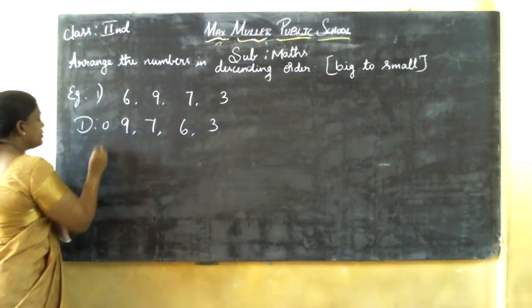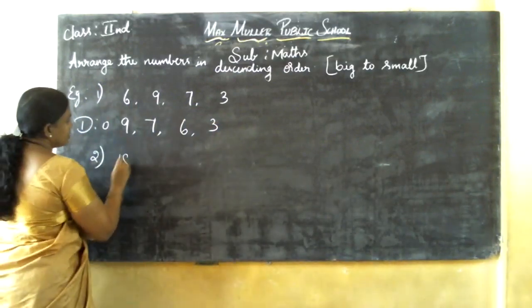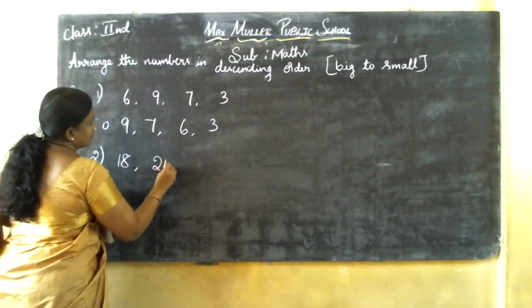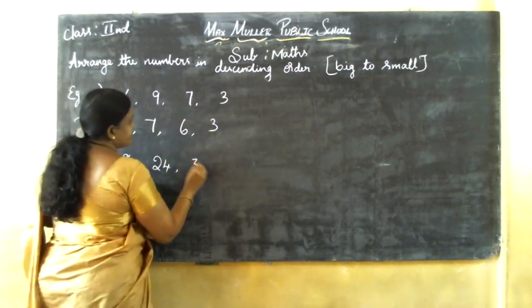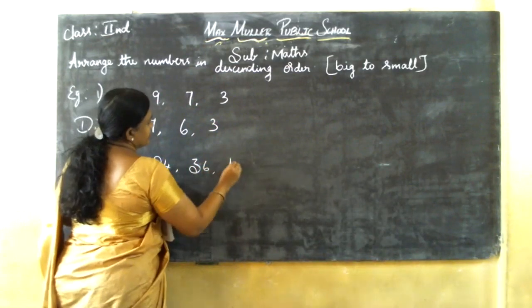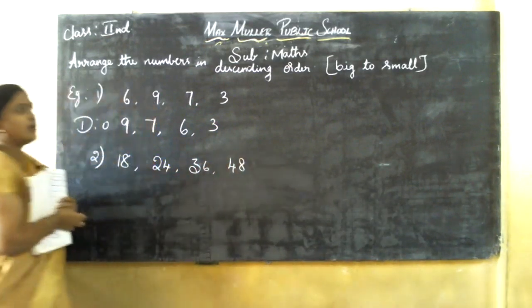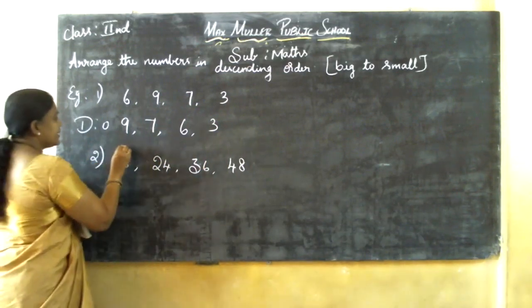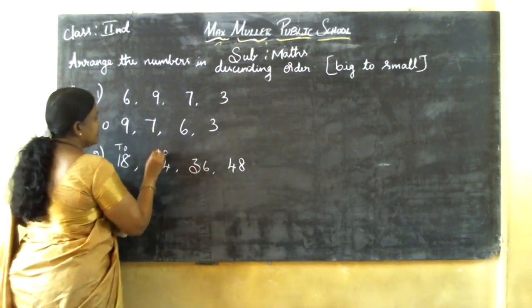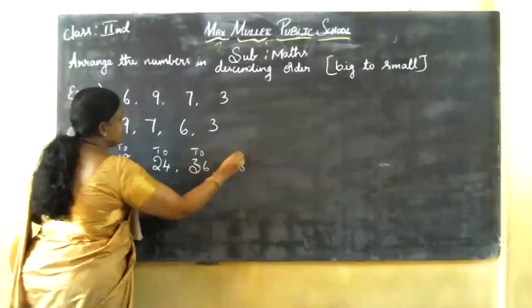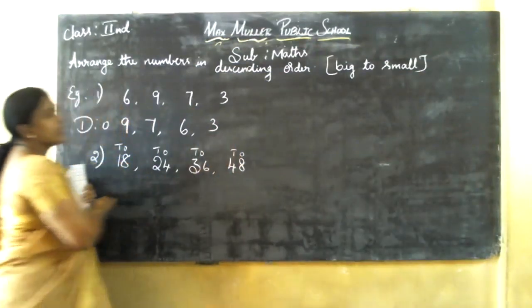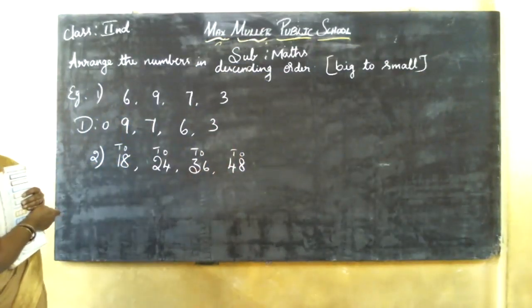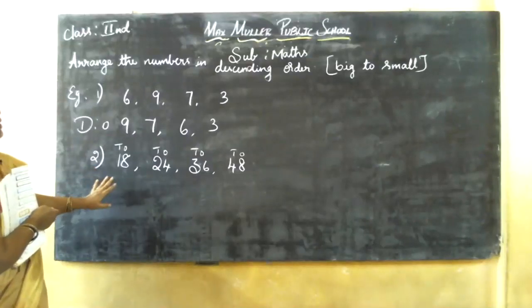Now I am going to two digit numbers. Already I explained in ascending order. First you want to write here ones, tens. In ascending order, first you will write small to big.